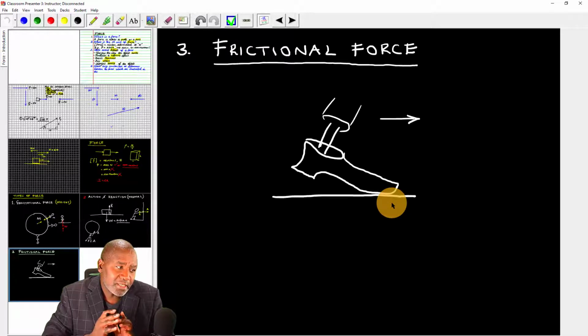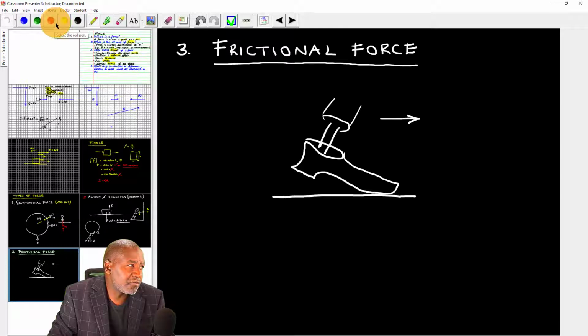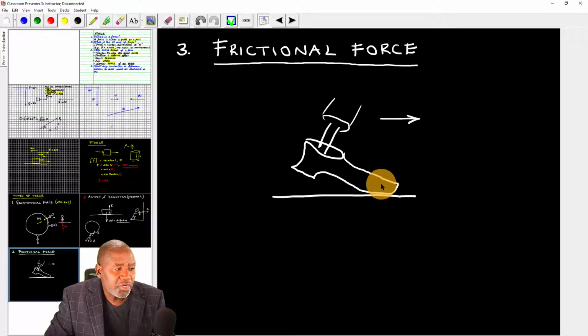And there is a tendency for students to think that friction force acting on that foot is backwards, in the opposite direction to the direction the object is moving. But that is not the case. Let's think about the two forces which are acting in this situation. The first of these forces is, you see this foot here? For you to be able to walk, you attempt to push the ground backwards.